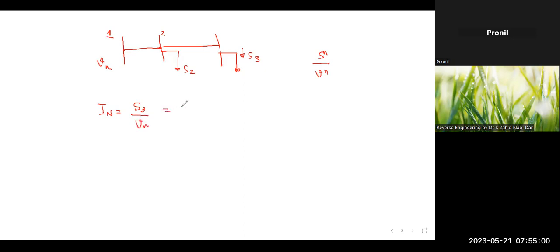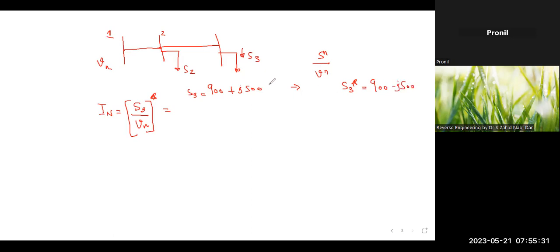S3 value is given as P plus jQ, 900 plus j 500, right? But here it is given as a conjugate. So your S3 conjugate will become equal to 900 minus j 500.